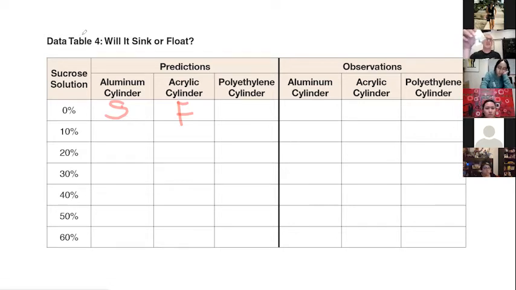Now, do you think the shape of these will have any effect on whether they sink or whether they float? What do you think? Does the shape affect whether something sinks or floats?